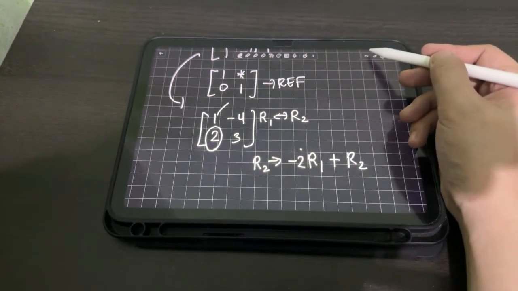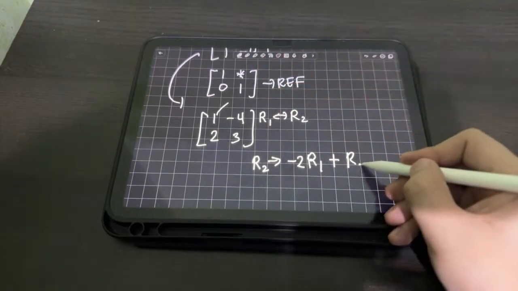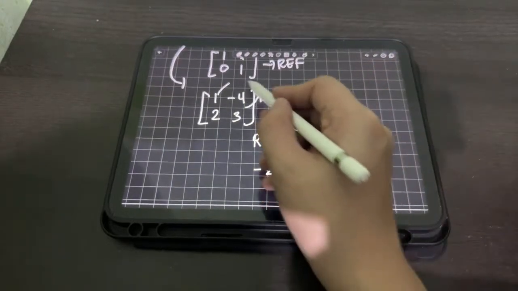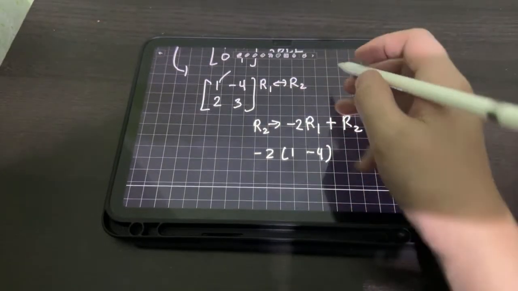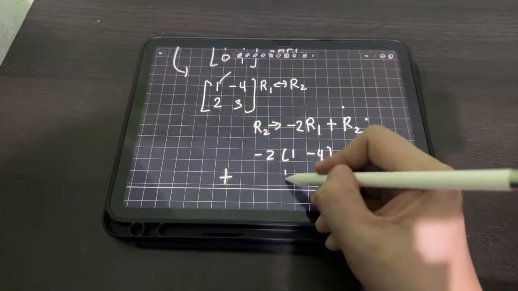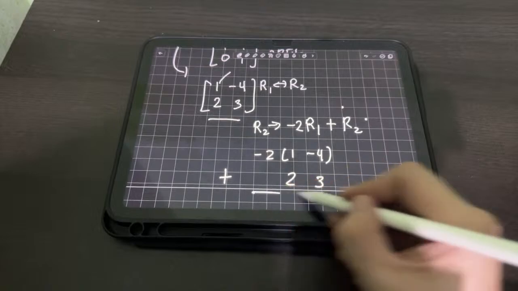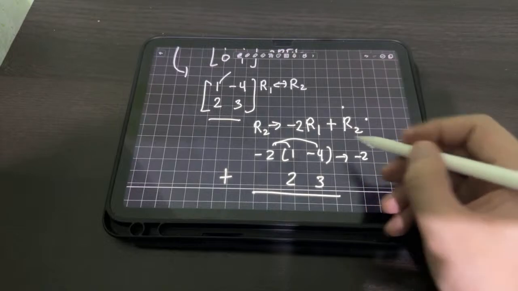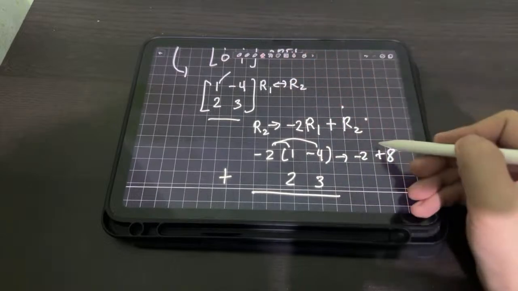Okay, so therefore, doing this operation, it's negative 2 times the entries in row 1, which are 1, negative 4. You add this with the entries in row 2, which are 2, 3. But you can distribute this first. Negative 2 times 1, negative 2. Negative 2 times negative 4, positive 8, or simply 8.